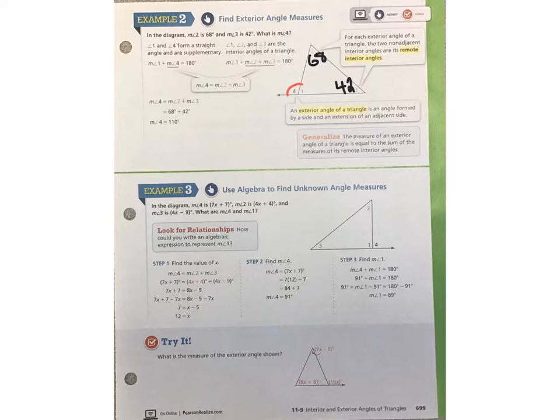So in this case, I can add together the 68 degree angle and the 42 degree angle to get a 110 degrees total. That's the measure of angle 2 plus angle 3.